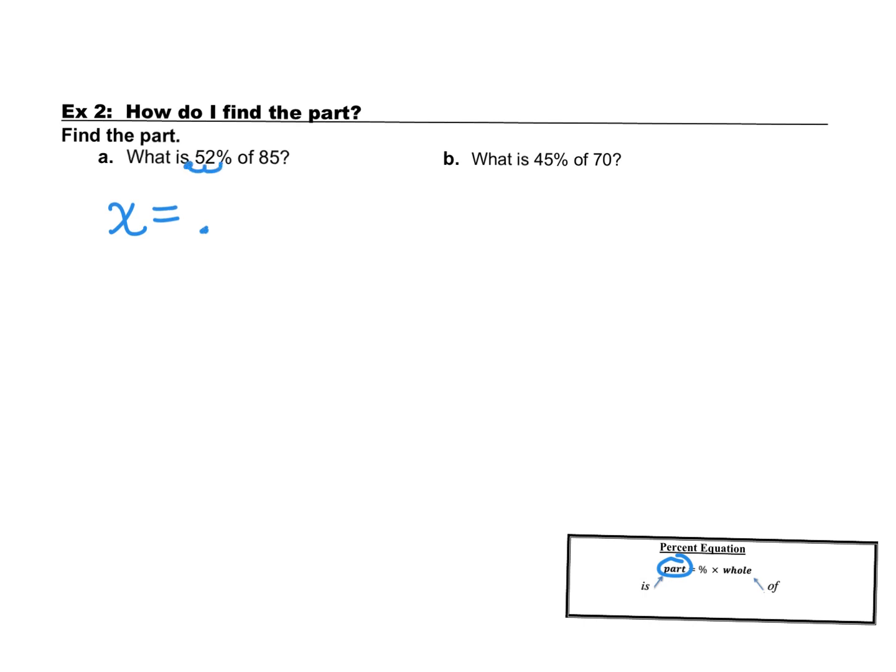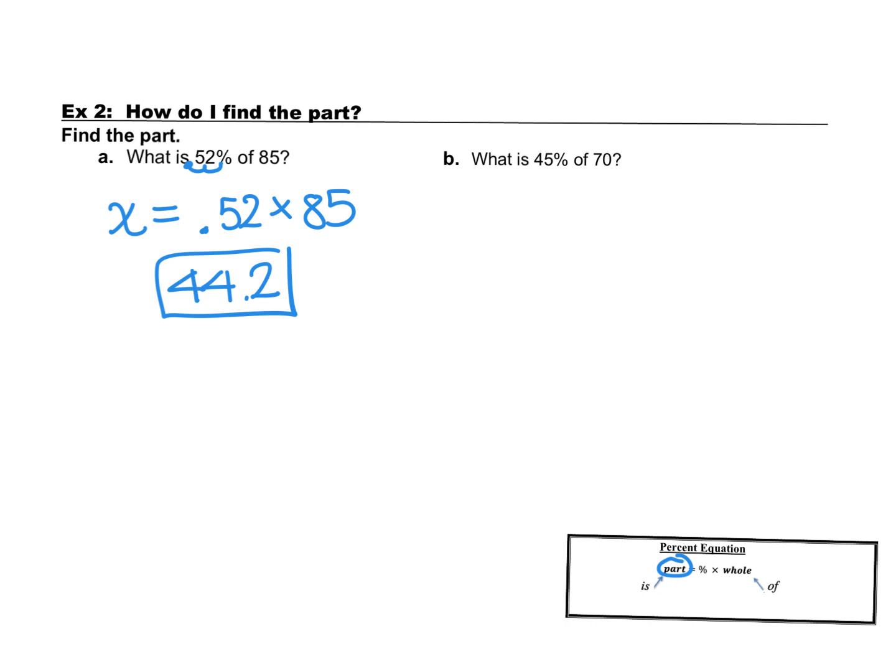So I would take 0.52, and "of" means times 85. So I'll take 0.52 times 85, and it is 44.2. So 44.2 is 52% of 85.